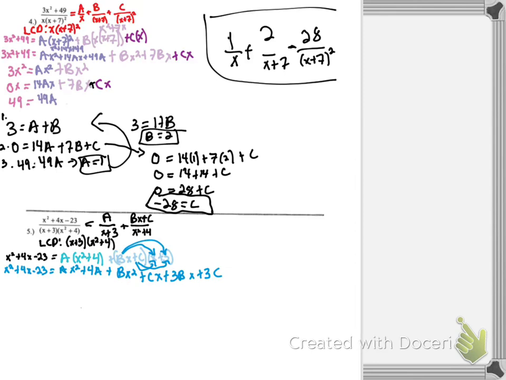We're now going to regroup. So I'm going to take my left-hand side and write it going down. So I have x squared, 4x, negative 23. And then we have equal, equal, equal. Group what we have.